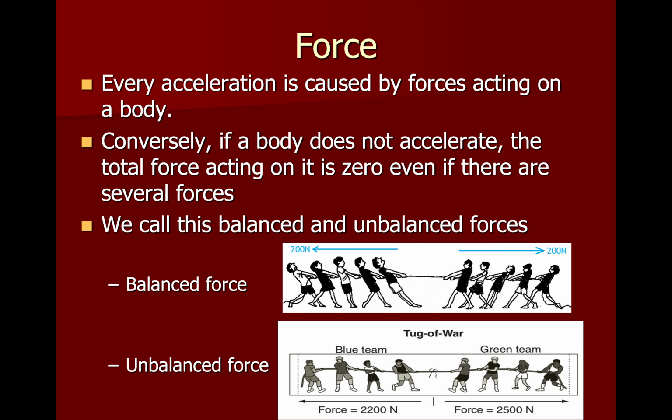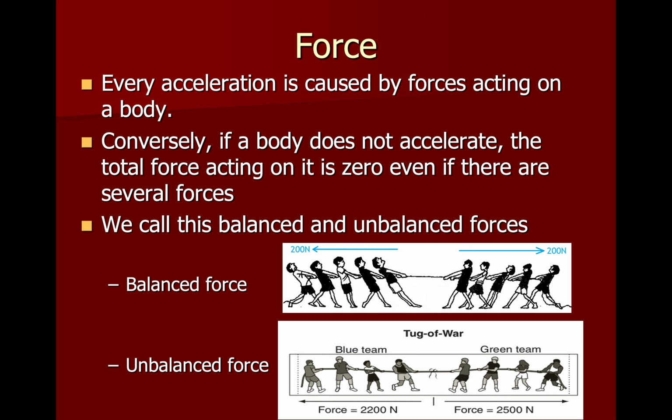So to explain this, I have two images of a tug of war. In the first one, up here, we have an equal amount of children pulling on a rope, playing tug of war, and both teams have equal amount of strength. We'll talk about this, but force is measured in something called newtons, and I'll explain what that means.